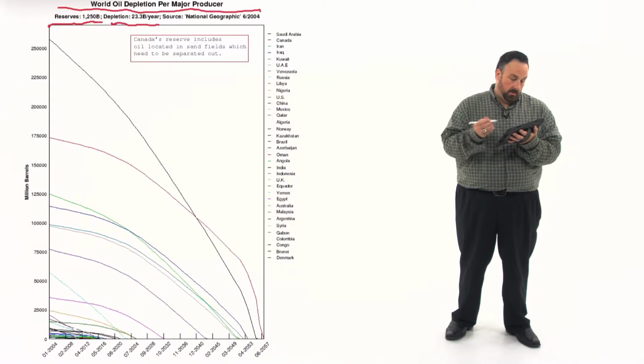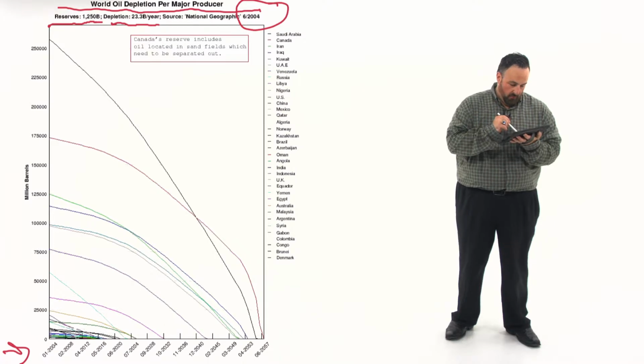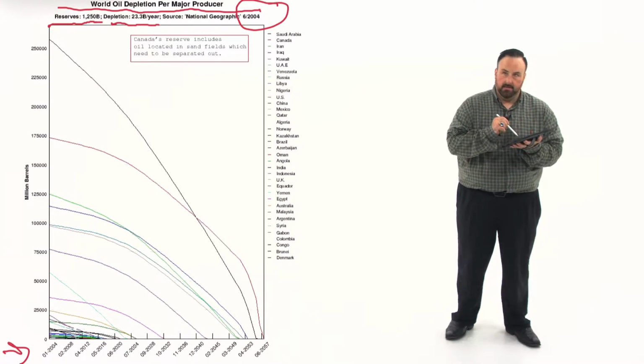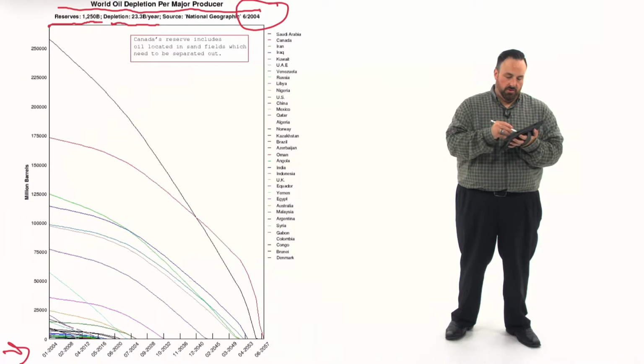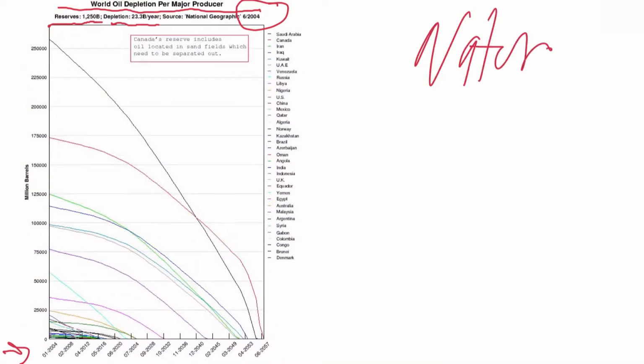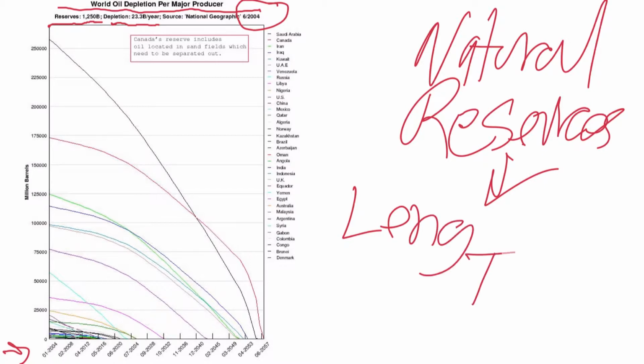Basically, another important point is they're showing the year, from 2004, projected, as we discussed before, especially with natural resources. Natural resources allow us to project long term.